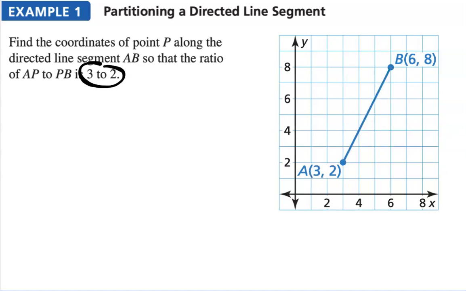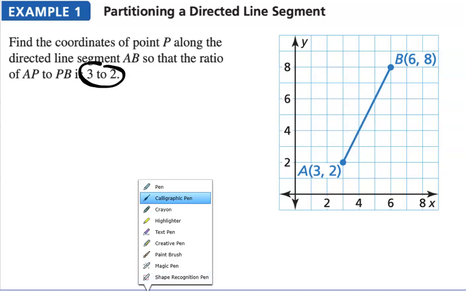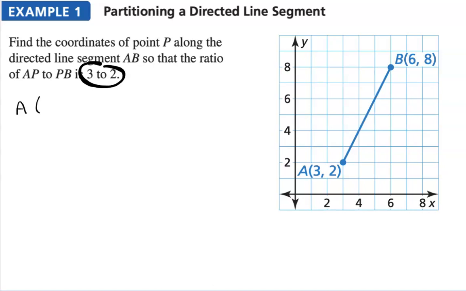So somewhere around there. If you think about the coordinate A, how does the coordinate A get to coordinate B? How does the x value get from 3 to 6? By adding or subtracting what?